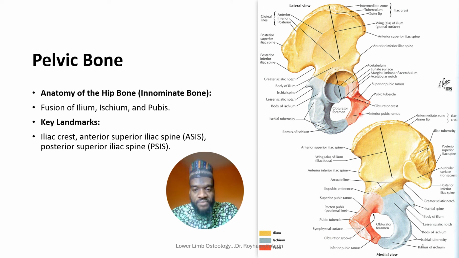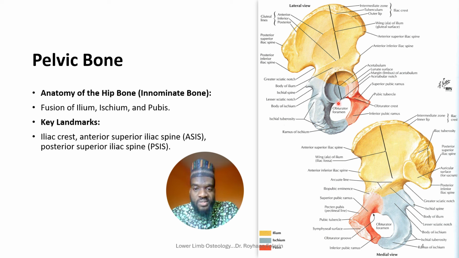One is on the inferior and the other one is on the superior part. So this is the inferior pubic ramus and this is the superior pubic ramus. And then on the anterior region, you find a tubercle around the pubis. Okay, so that is referred to as the pubic tubercle.